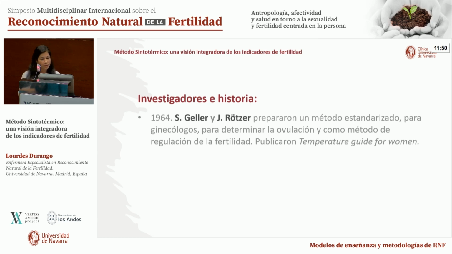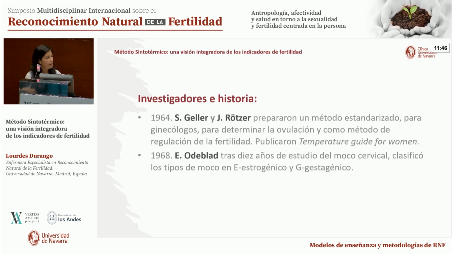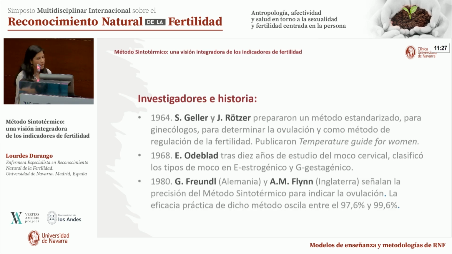They published Temperature Guide for Women, which was translated into many languages. Professor Odeblad, after 10 years of studying the cervical mucus, classified the types of mucus into E, estrogenic, and G, gestagenic. Over the years, this classification was enriched with other types of cervical secretion.